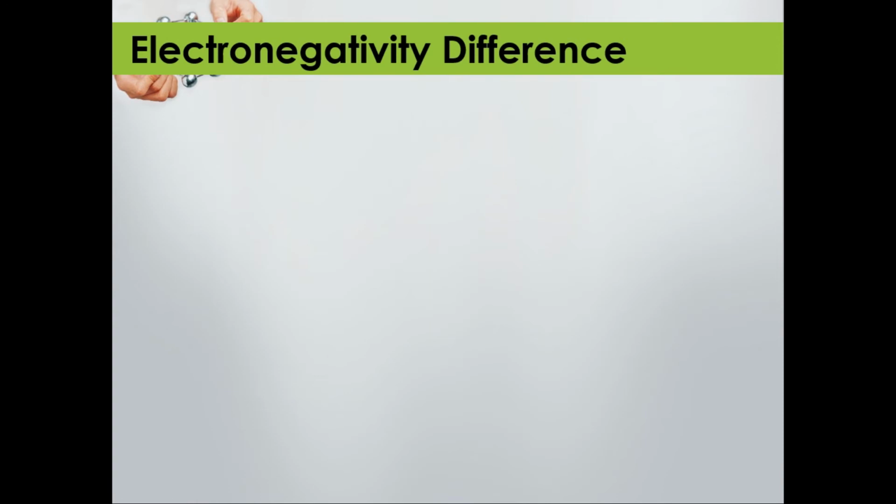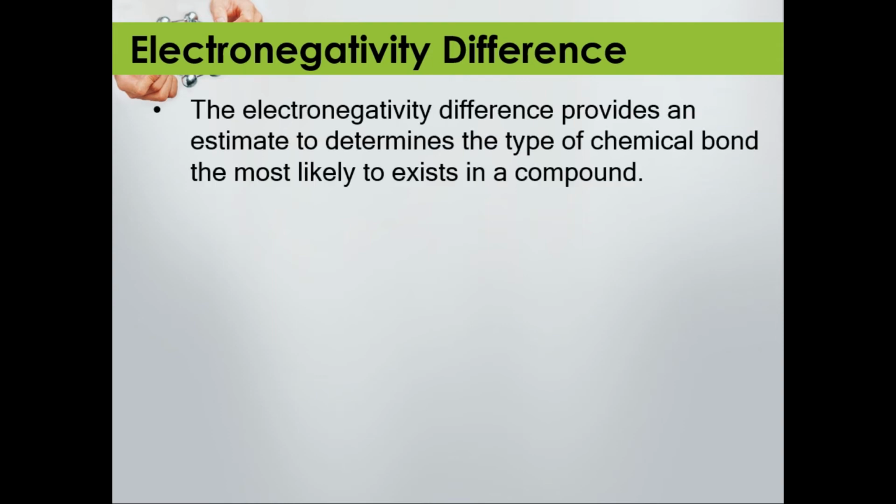Now let's move on to electronegativity difference. The electronegativity difference is a factor that we can use to determine the type of bond in our molecule. It provides an estimate, an estimated range, to determine the type of chemical bond that most likely exists in a compound.